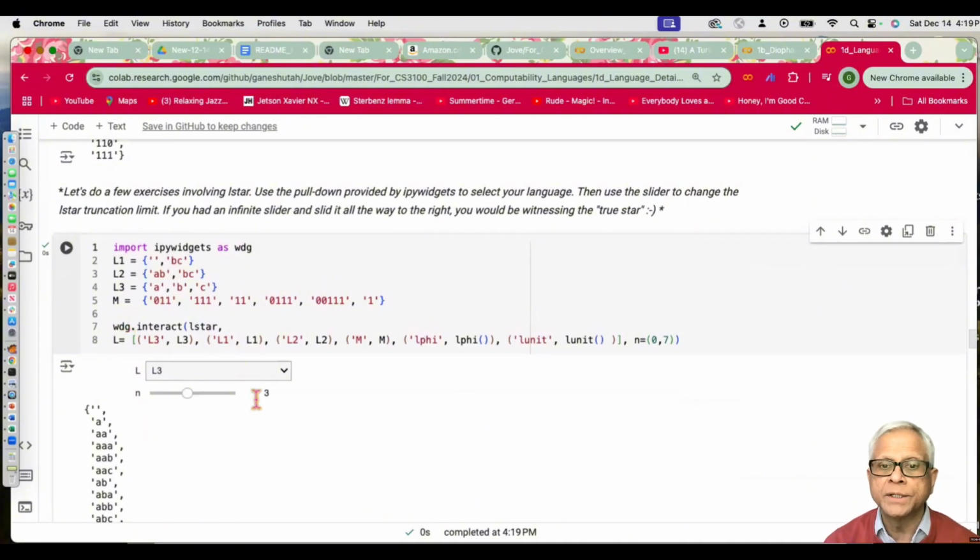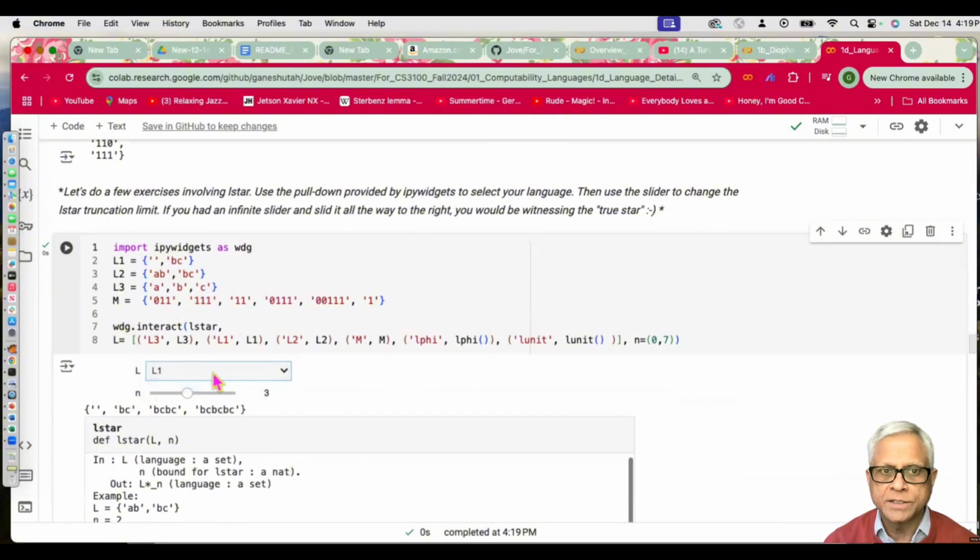Otherwise, it is the union of the nth exponent with the star recursively applied for n-1 iterates.